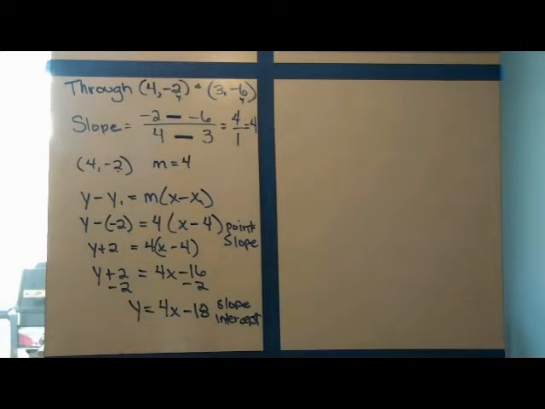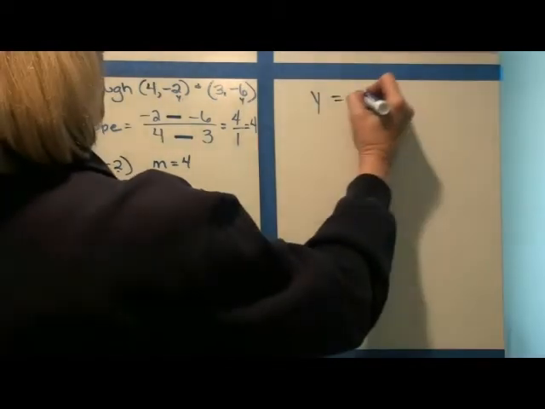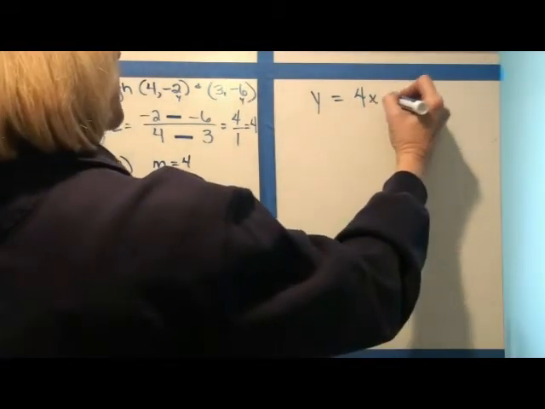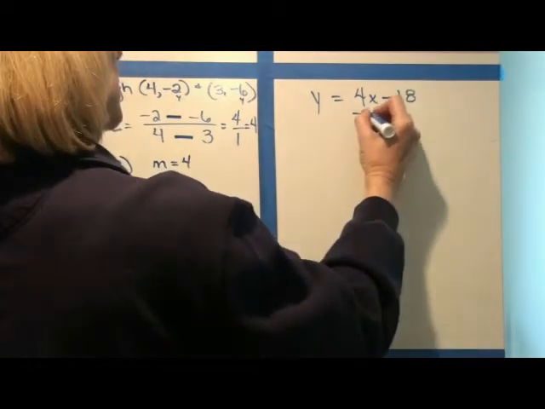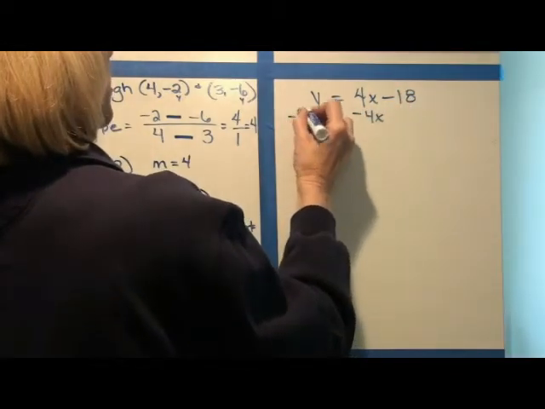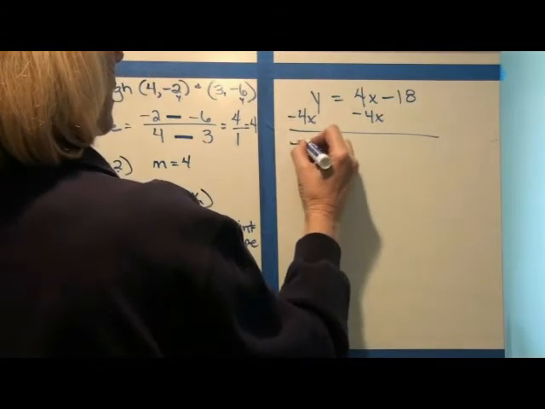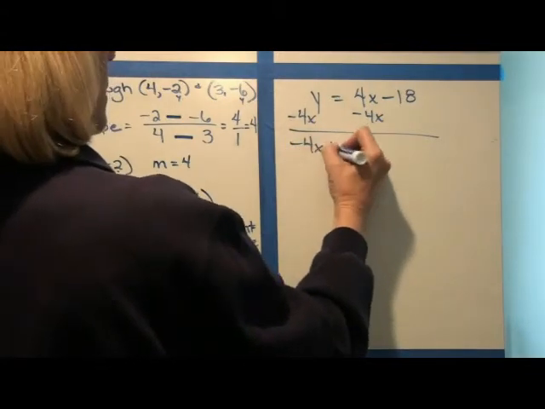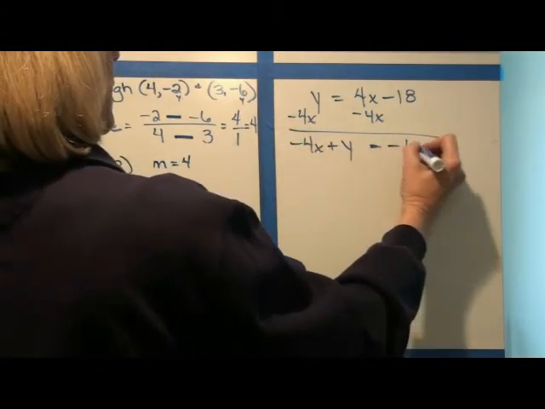And then our last move is to take the slope intercept form and put it in standard form by putting the x on the same side as the y, which means we need to move the x to the left. -4x, the y is positive, and there's my -18.